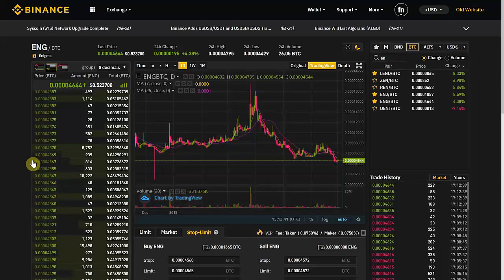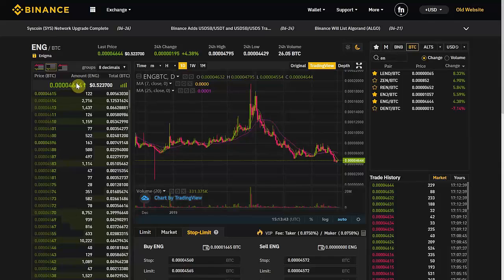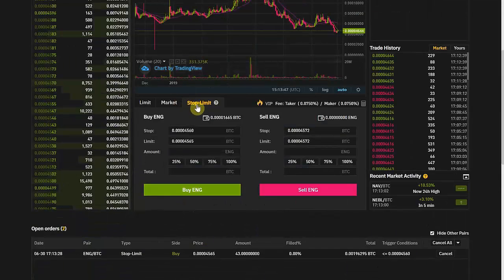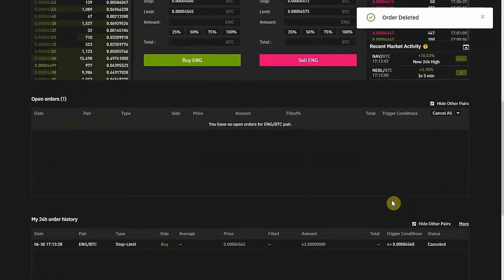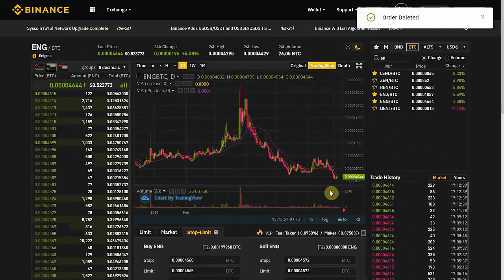There's no indicator telling us we have an order because the price didn't reach that target yet. Okay? This is what the stop limit is. I'm going to cancel this one. I think that's pretty much it.